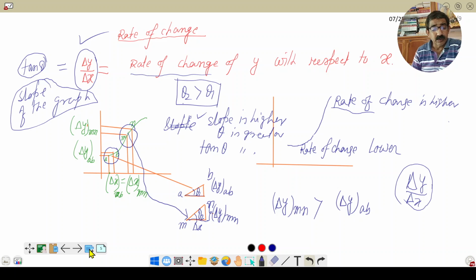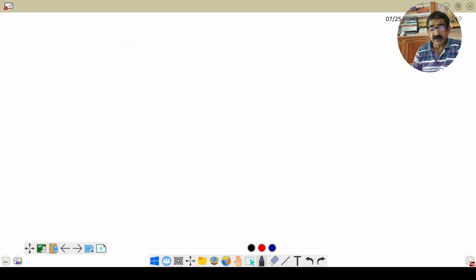Now, you have to imagine one thing. What is the imagination? Suppose this is a graph ranging from A to B, and there are two points, P and Q, two different points here.